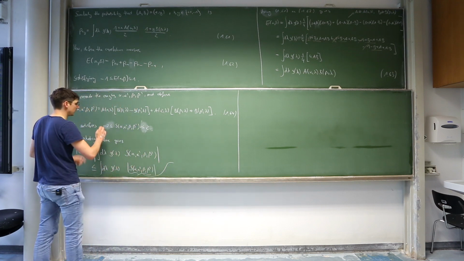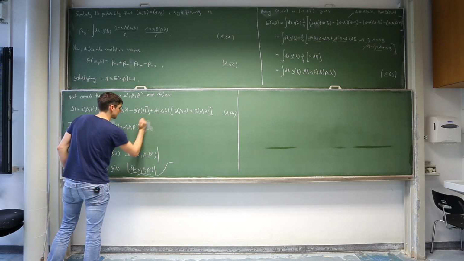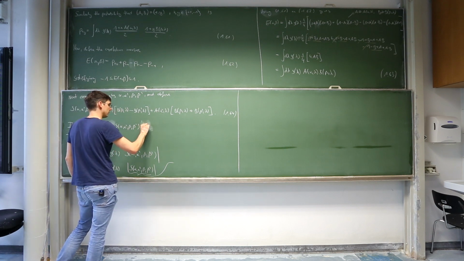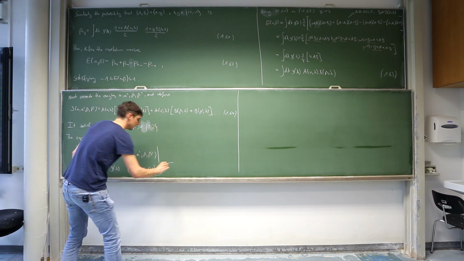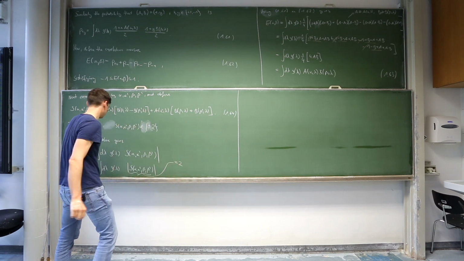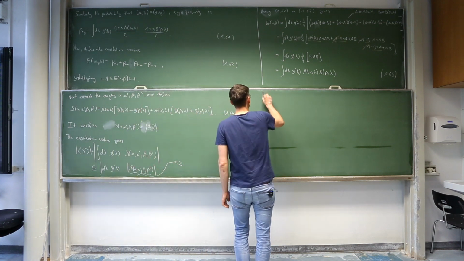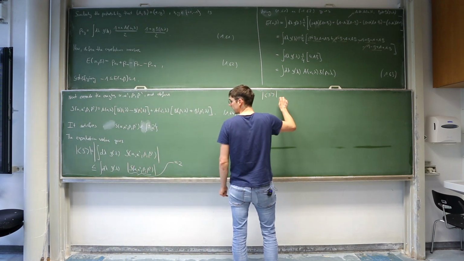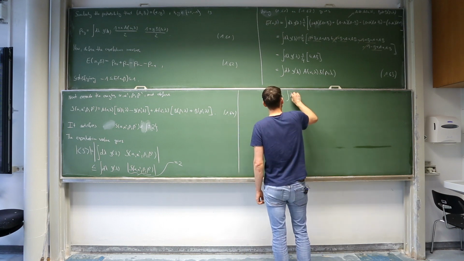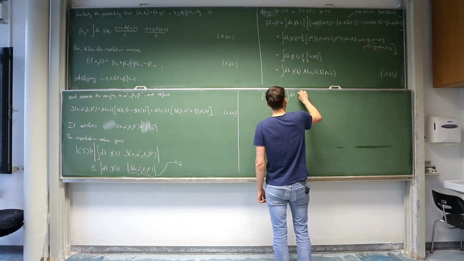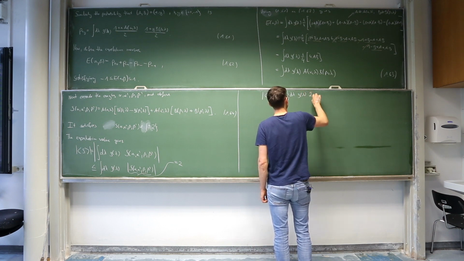So actually this is an element of ±2, so this we know must be 2. So we get that S is smaller or equal to the integral dλ ρ(λ) times 2.